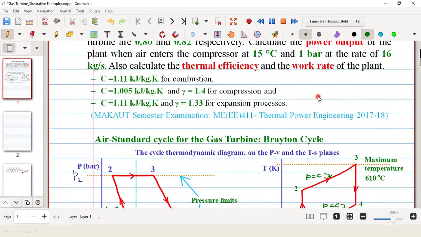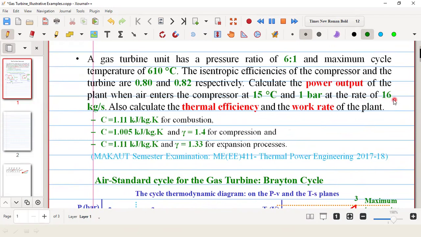Okay. Next, what is known? The mass flow rate is given as 16 kg per second. One thing I would like you to note here is that before this, nothing was mentioned in terms of extensive properties. In thermodynamics, you have studied intensive and extensive properties. Intensive properties are independent of mass, and extensive properties depend on mass.